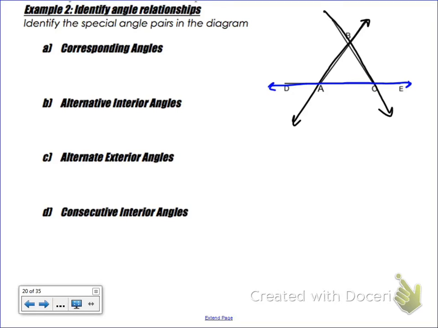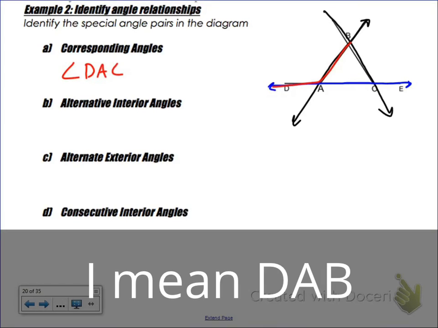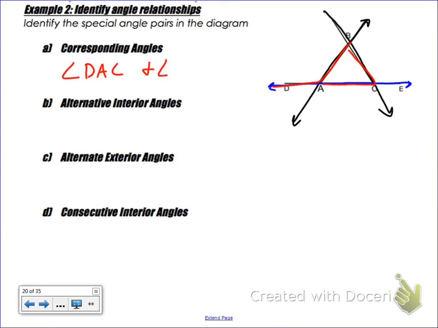So if I pick angle DAC, the other angle that's in the upper left-hand corner of the intersection is going to be right here, which would be angle ACB. So these two angles would be corresponding angles because they're both in the same relative corresponding position.